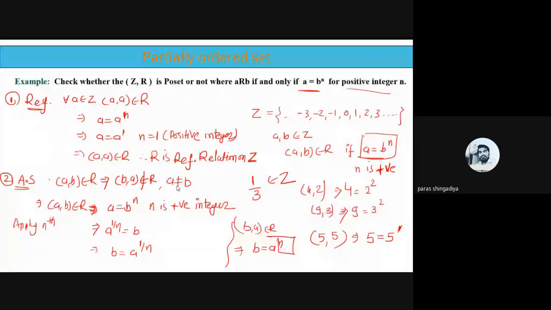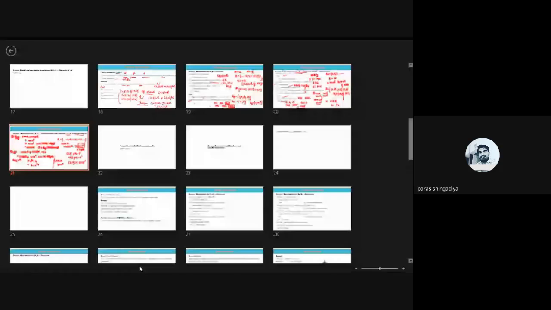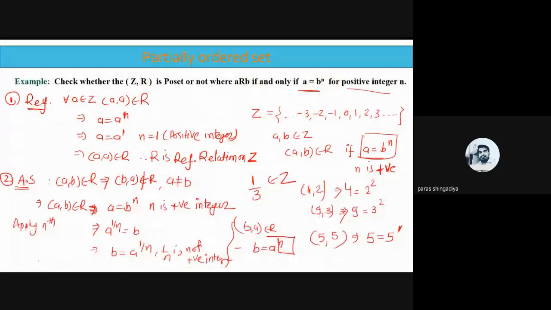So therefore here you just write one line: 1 upon n is not a positive integer. And therefore what does it mean? B comma A, BA does not belong to R, and therefore we can say it is the antisymmetric relation.